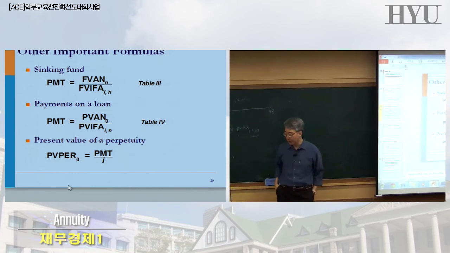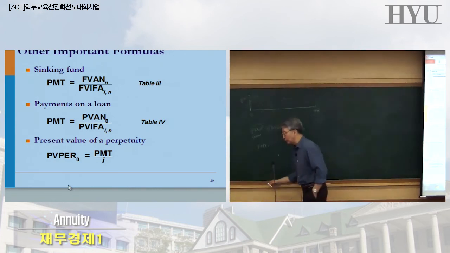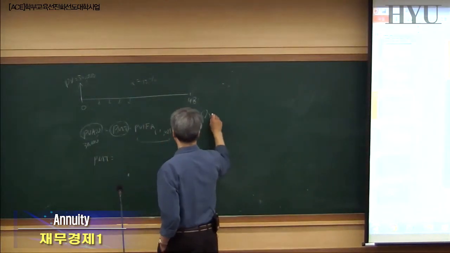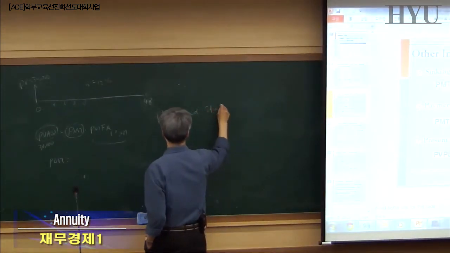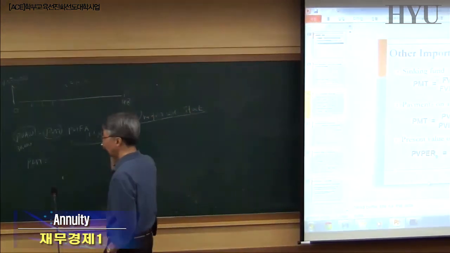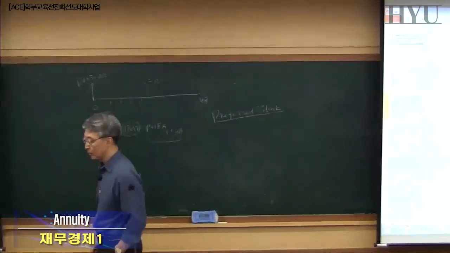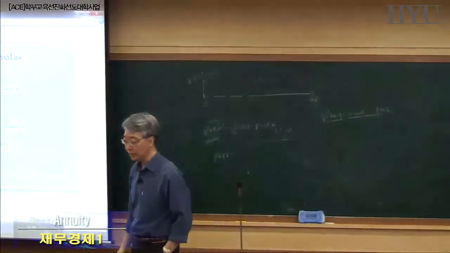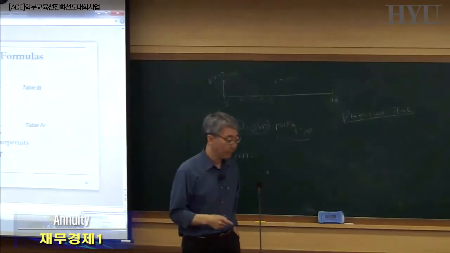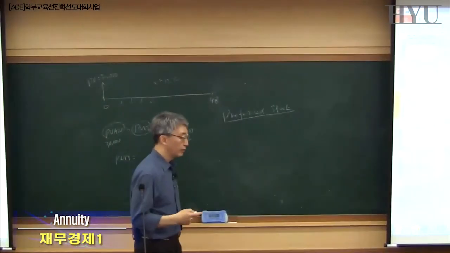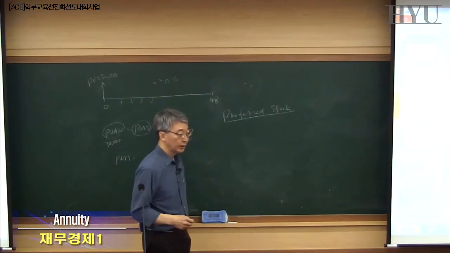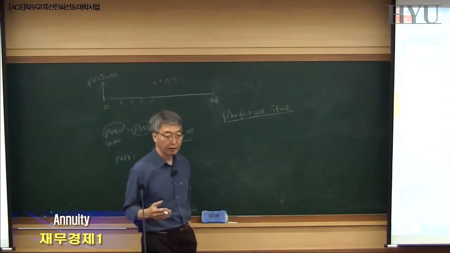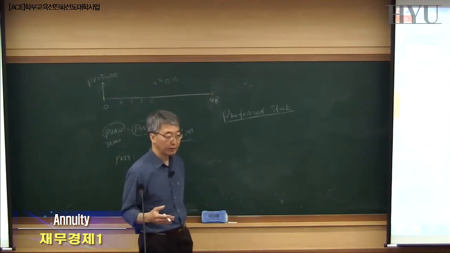Another example is preferred stock. Again, this is the topic of chapter 7 when we discuss stocks. There's ordinary common stock and preferred stock. On common stock, companies are not required to pay any dividend every period.